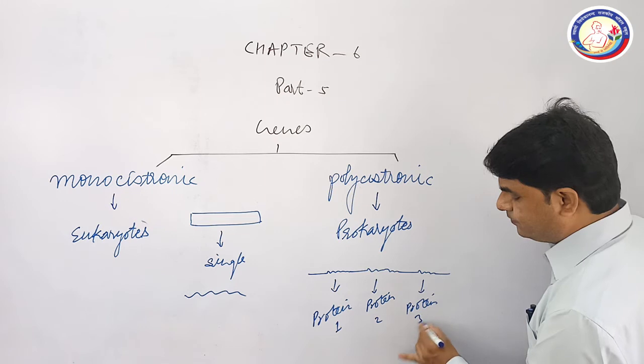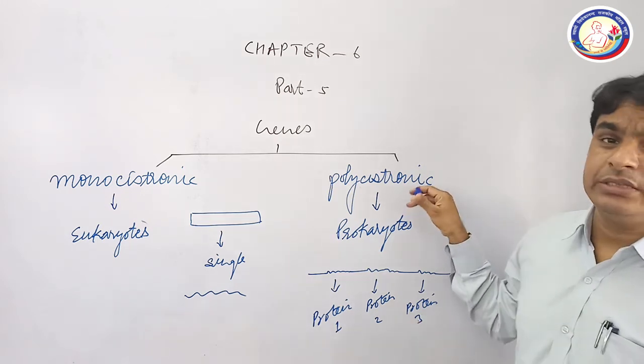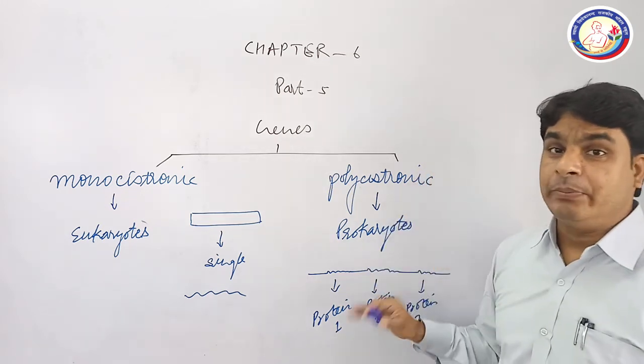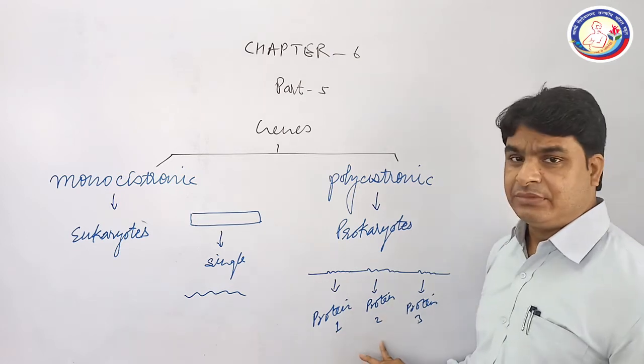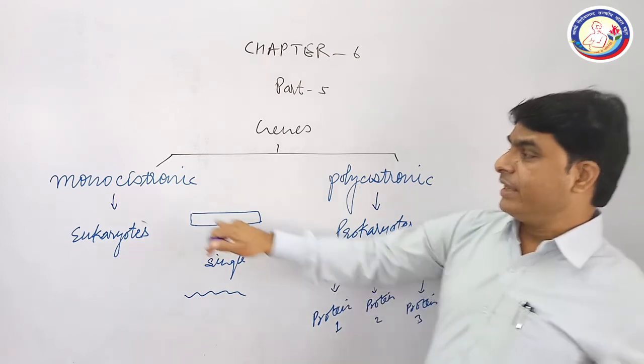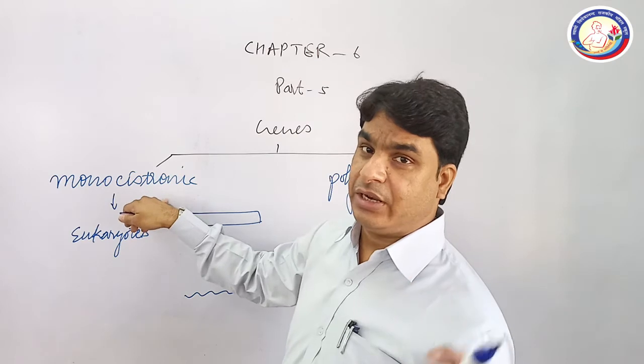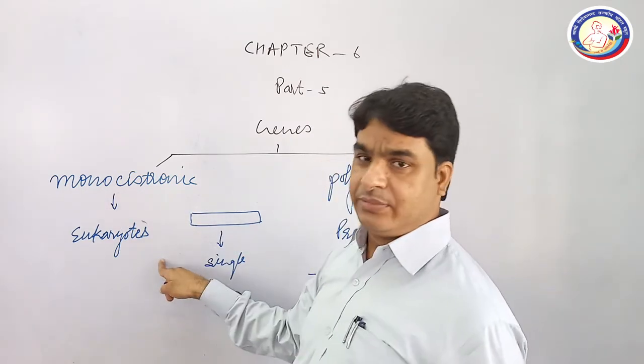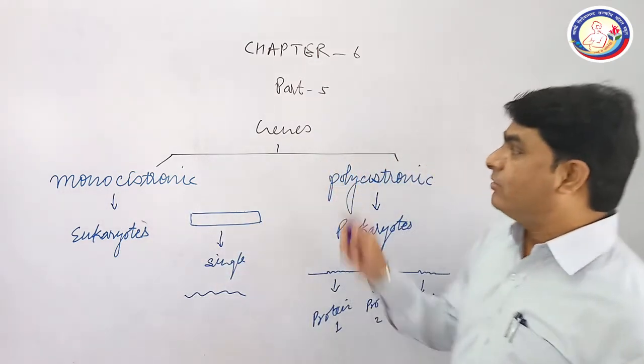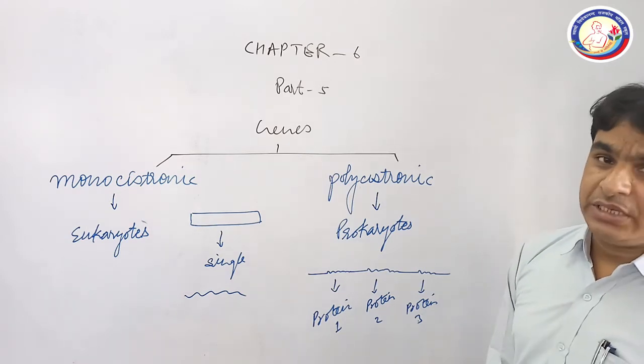It means polycistronic genes code for many proteins at a time, while in a monocistronic gene, one gene will code a single protein at a time. So this is about the types of genes.